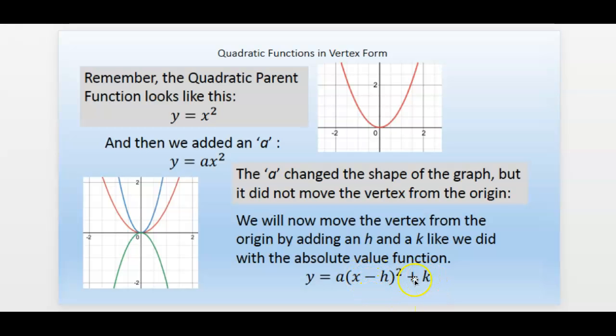But outside here, plus k, that is the y coordinate of the vertex, exactly like it reads on the outside. And the function itself, where the square is, this is the quadratic part, just like the absolute value part. The x coordinate reads the opposite from how it appears in the equation.